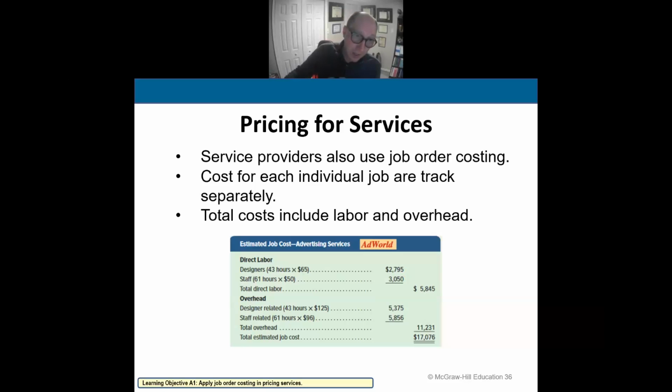The difference is there's not going to be direct materials in most cases. There will, however, be overhead. So they could track direct labor and overhead used for specific customer jobs for things like an advertising job or an accounting firm might have a customer, a dentist, a lawyer.